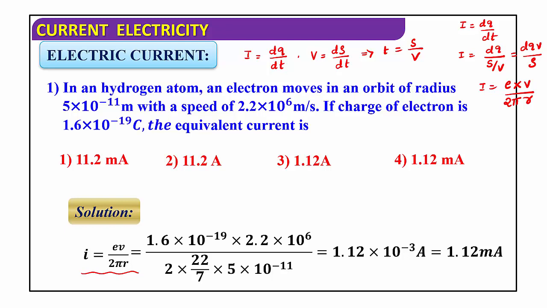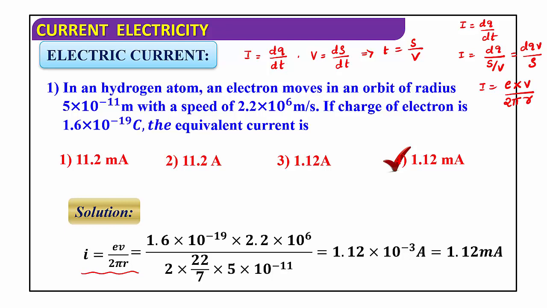So the answer is 1.12 into 10 raised to minus 3 ampere. Or in terms of milliampere we can write 1.12. Milli means 10 raised to minus 3. So the final answer is option 4, that is 1.12 milliampere.